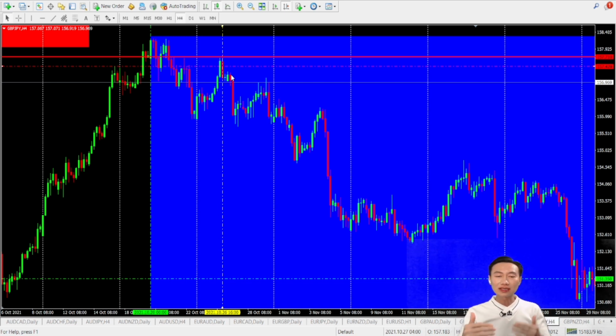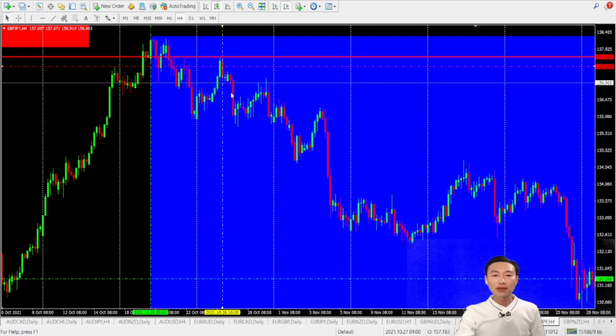Since the previous resistance has been tested and it's not breaking, it's a good sign of selling. That means I will have a chance for my 5 pips trading. So this is the way I'm going to look out for my resistance in my rule number 2 in the H4 time frame.